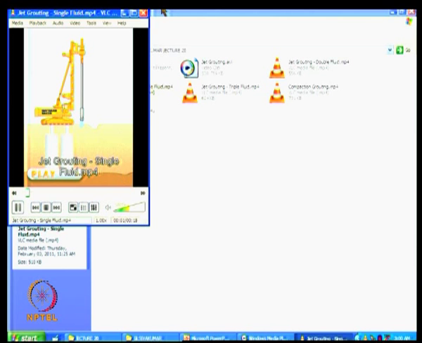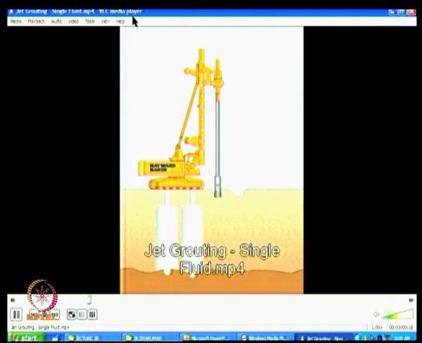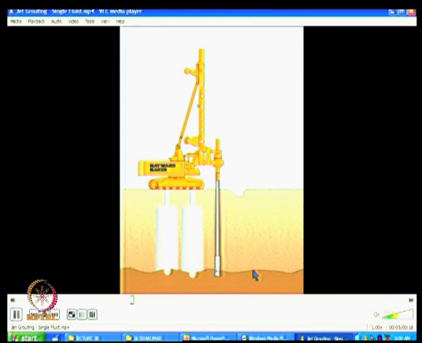is another one here. The way it does, you can just see that single jet grouting in a single flow. You can just see the way it does.